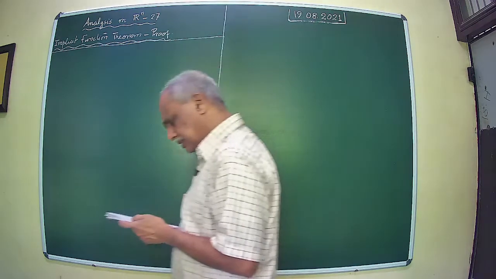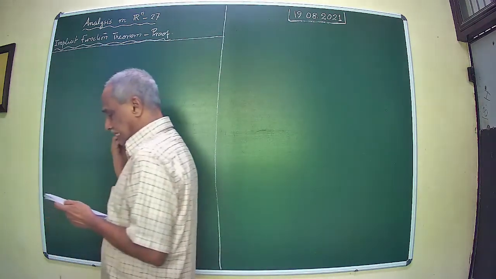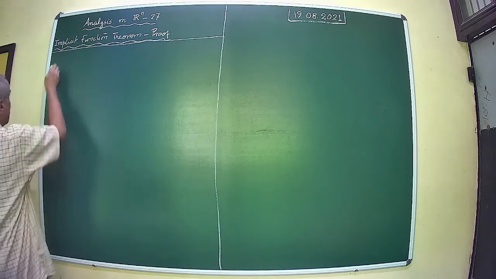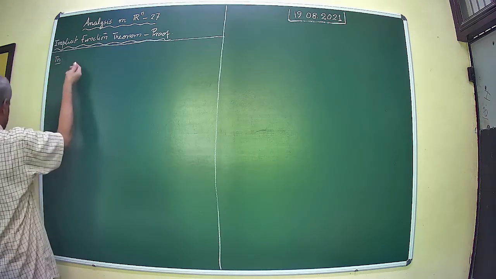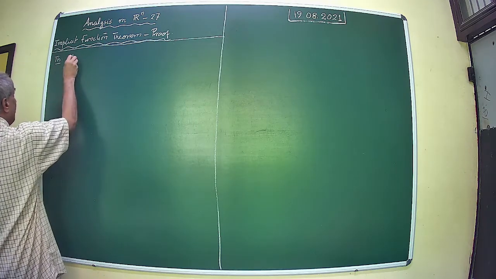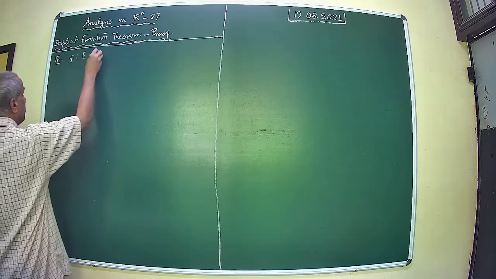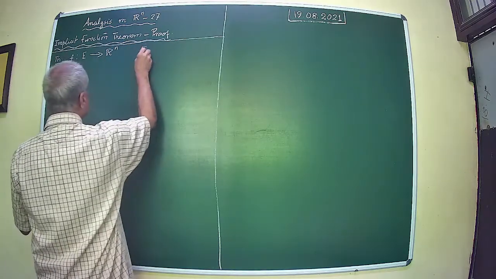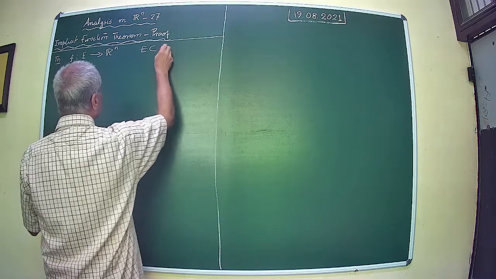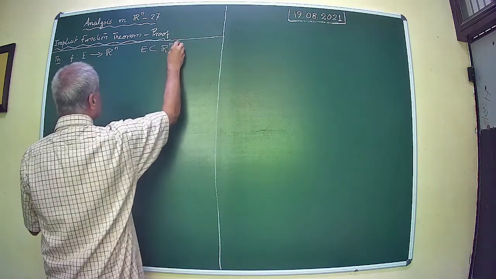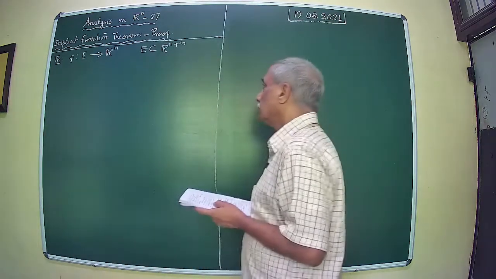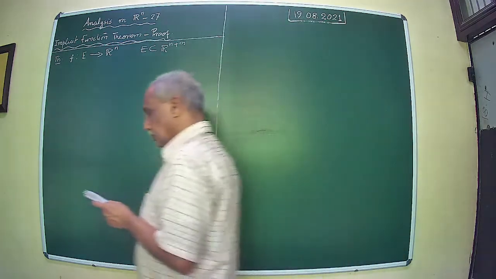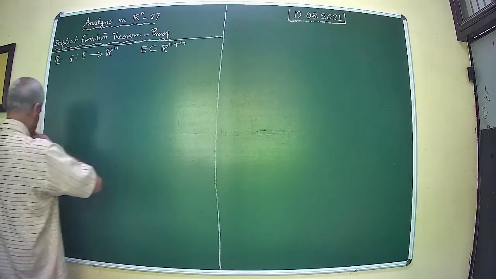Let us recall what all things we state in the theorem so that we can prove them one by one. I'll put the statement of the theorem. We have an f from E to R^m, where E is an open subset of R^(n+m).